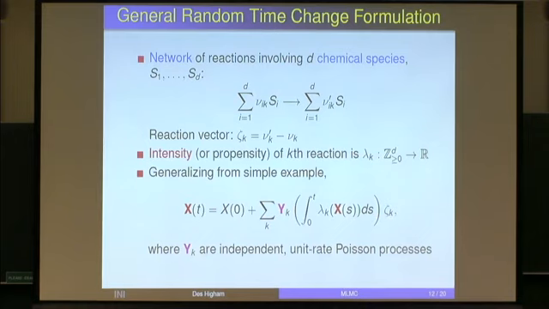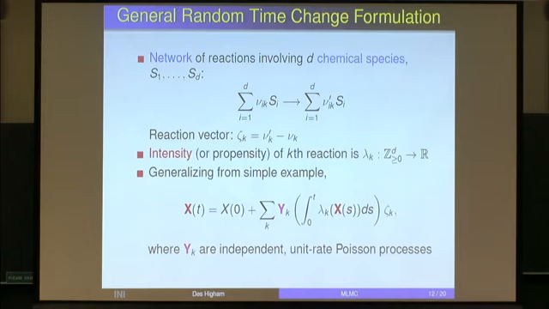Then this representation that Kurtz introduced has this form. There are now k reactions, and each reaction has its own Poisson process. So the Y_k are independent unit rate Poisson processes, and then each one has its own time-dependent parameter, and this is where the propensity functions come in.